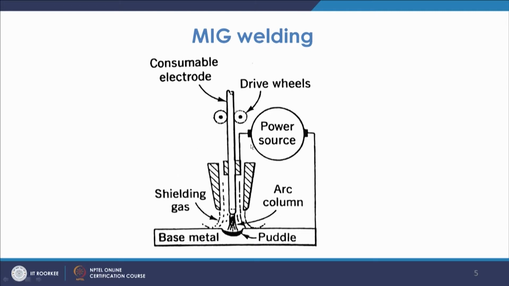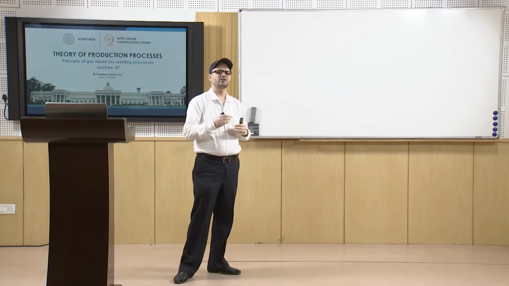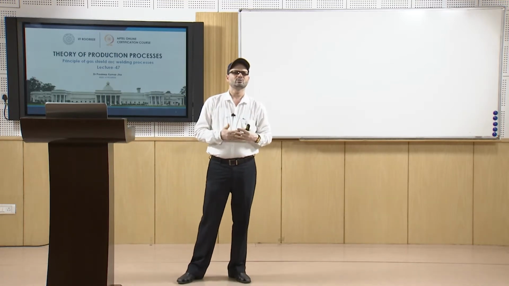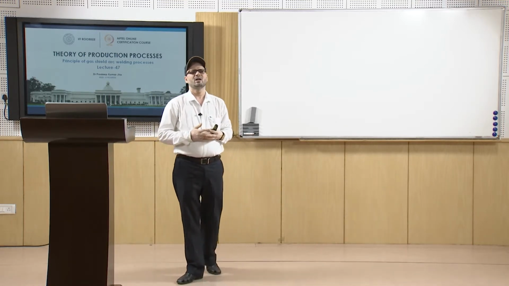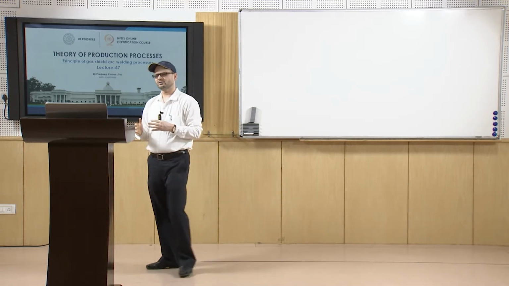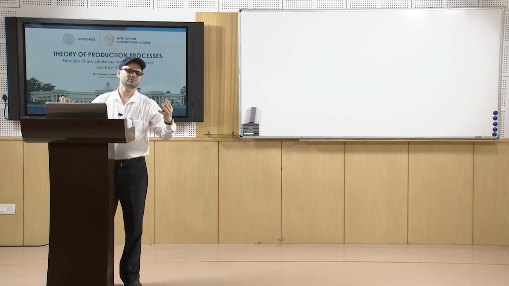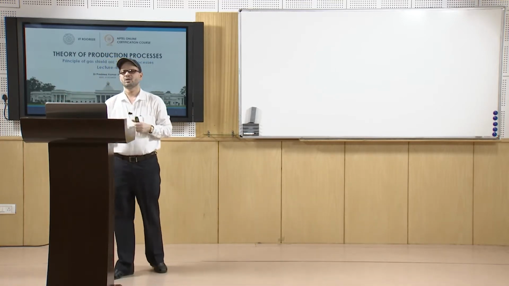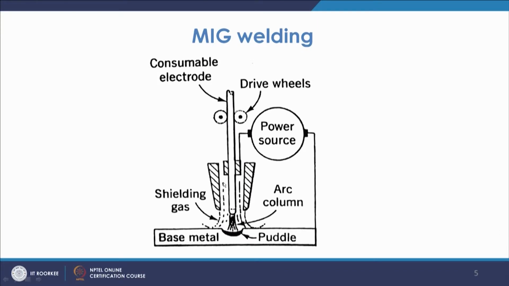The principle of creation of the arc is the same. Depending upon the power source, AC or DC can be used, and the shielding gas most commonly used is either helium or argon.